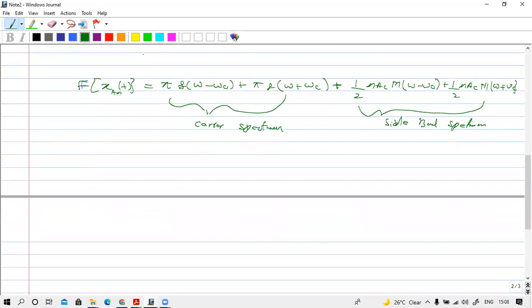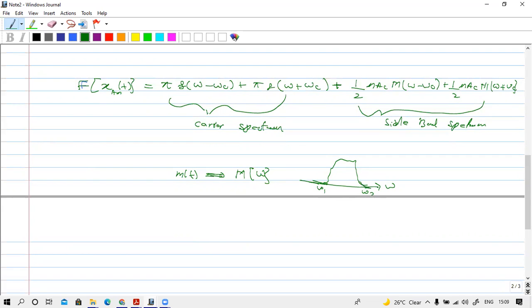Okay, so if we think about this m(t), we don't know what this signal is. If we get the Fourier transform of this m(t), we know it is M omega, but we don't know the signal. Let's say this signal is like this, we just take an arbitrary signal, with omega 1 and omega 2.